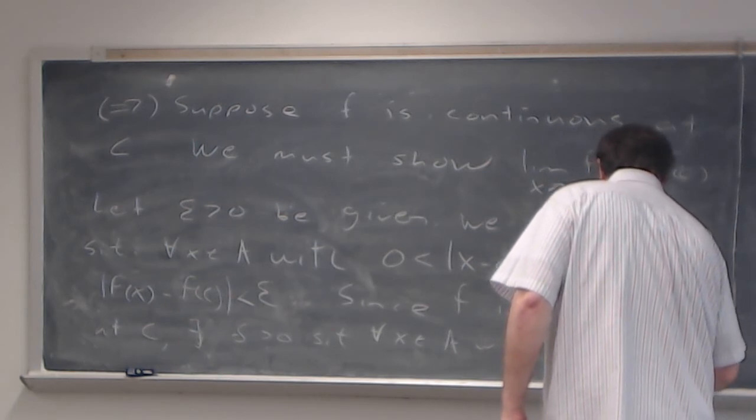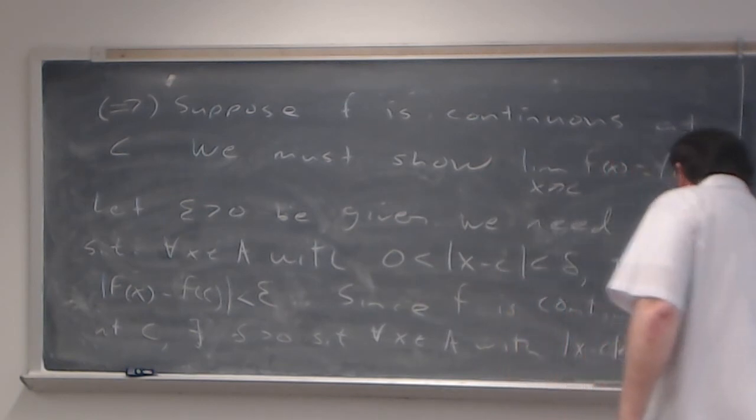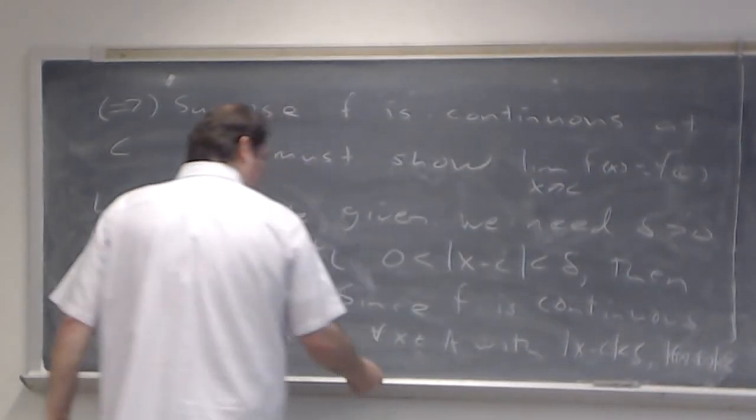We get that the absolute value of f(x) minus f(c) is less than epsilon, as long as I'm close enough to c.